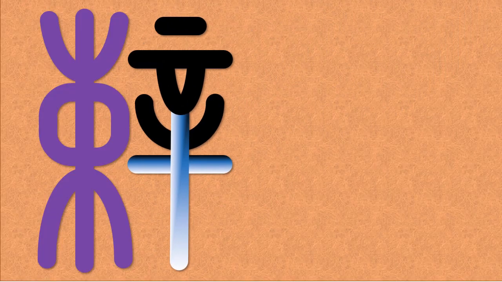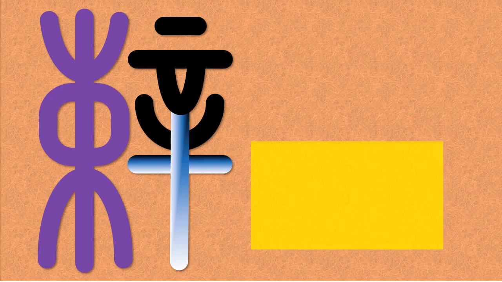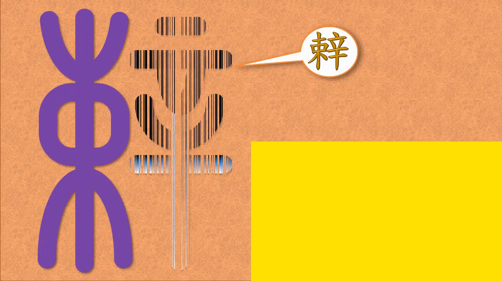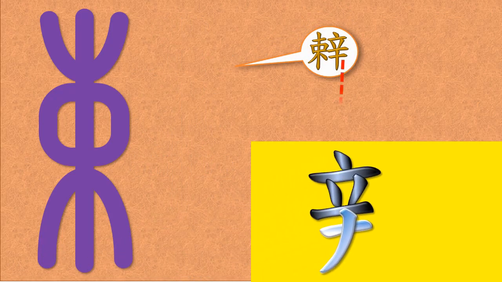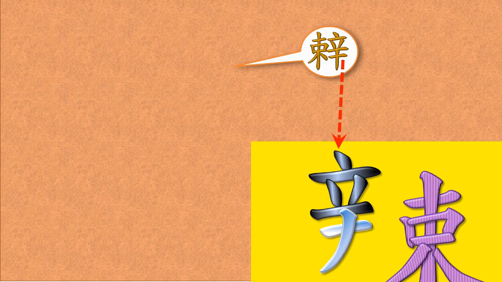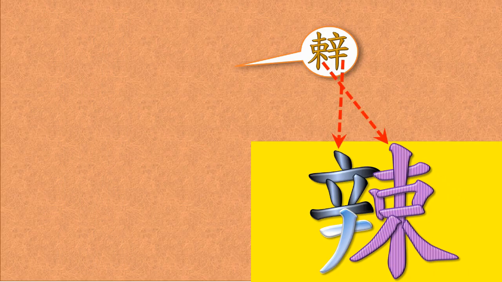Now that we know the phonetic la or la, we have three characters in which it's commonly found. Our first combination is with xin to create the character for hot and spicy. Pronounced fourth tone, la.